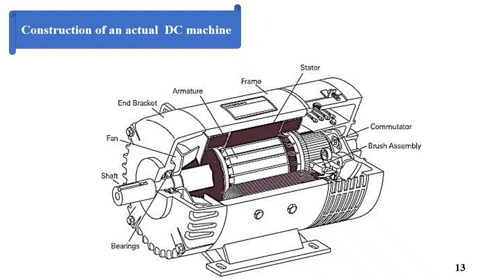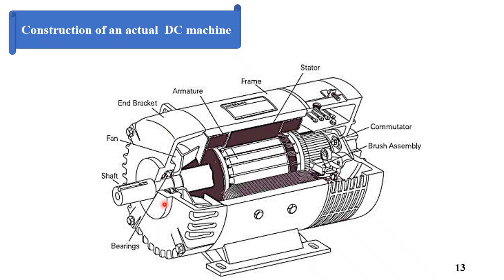The construction of an actual DC machine includes the armature, which is the power producing part, and the shaft, which is the rotating part from which we take the output power, the fan for cooling the conductors, and the bracket to enclose the fan.